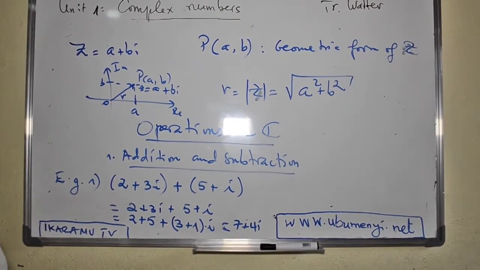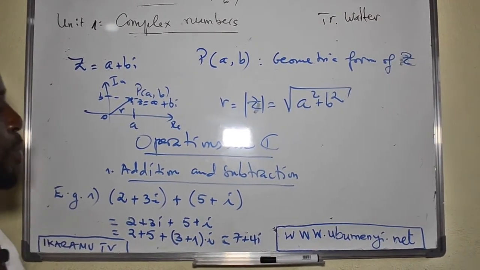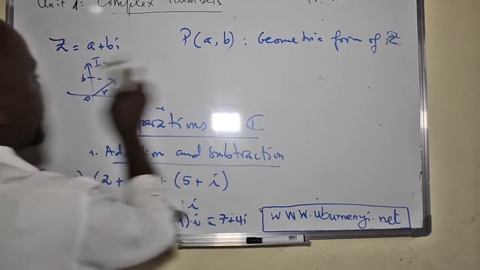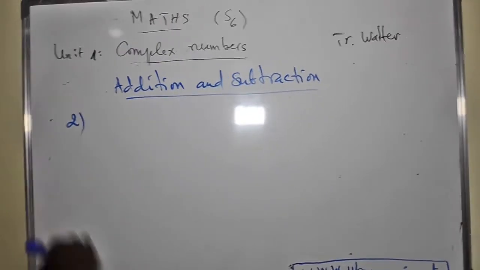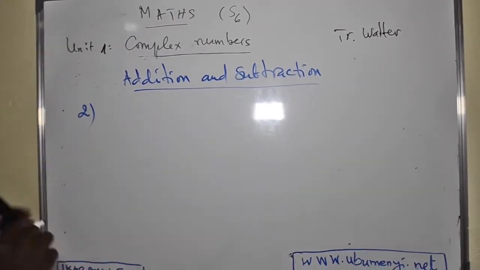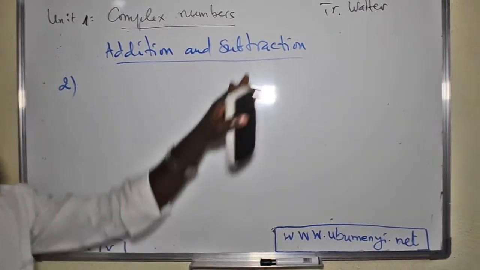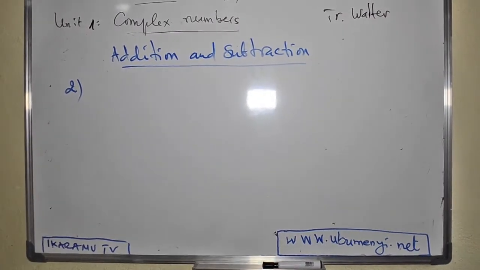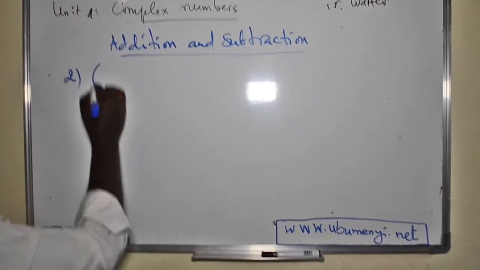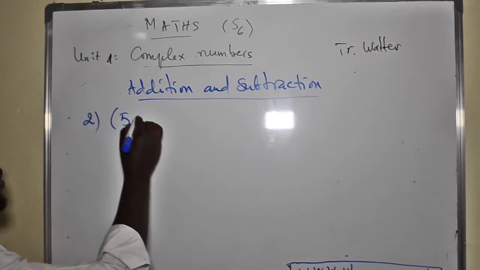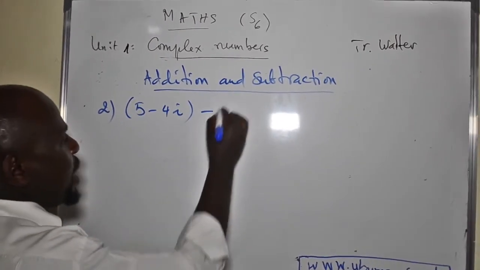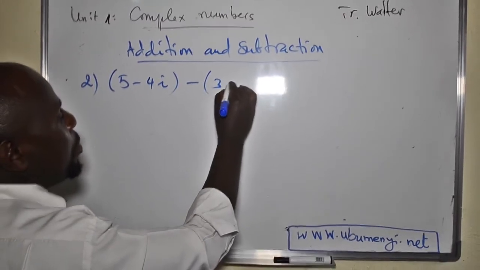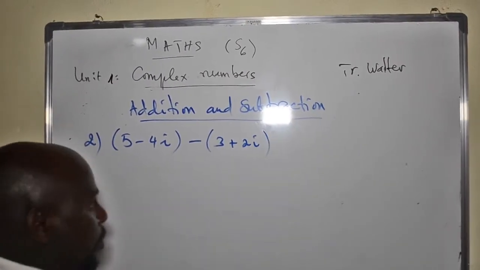We can now go for the second example, example number 2, whereby we take an example of subtracting two complex numbers. We have (5 - 4i) - (3 + 2i).